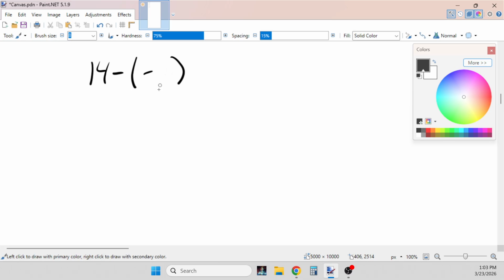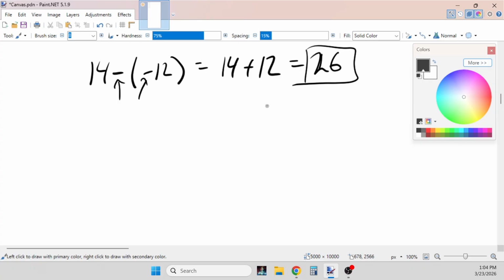Okay, so let's have 14 minus negative 12. These negatives are next to each other. That means that we are adding. 14 plus 12 is 26. That's not too bad.